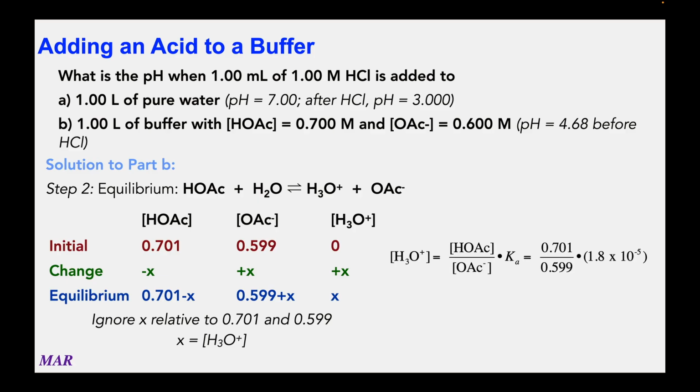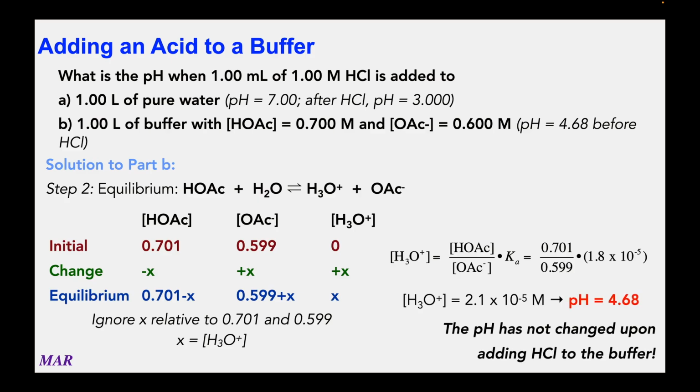So if you do that, hydronium equals acid over base times Ka, 0.701 divided by 0.599 times the Ka. Hydronium comes out to be 2.1 times 10 to the minus 5, minus log of that number, and lo and behold, 4.68. And that was the pH before the HCl was added.